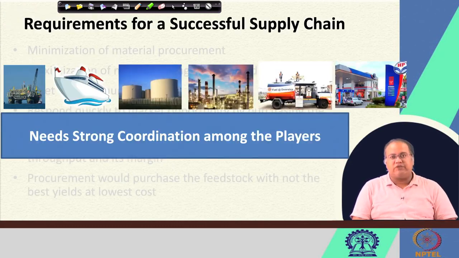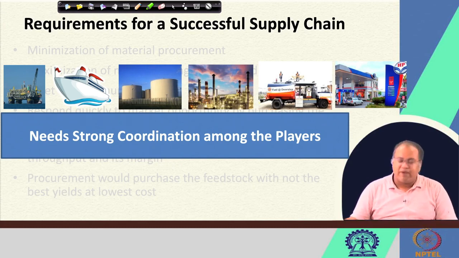To start with, as we have seen in the last class, my primary requirement for having a successful supply chain is that I need to have strong coordination among the different players that I have. Individual players, as I have mentioned earlier, do not trust each other, but if I can develop a solution through which they can coordinate with each other, then that solution possibly gives them a better view of the entire platform, the entire business model, and that way they can help themselves grow further in their business.